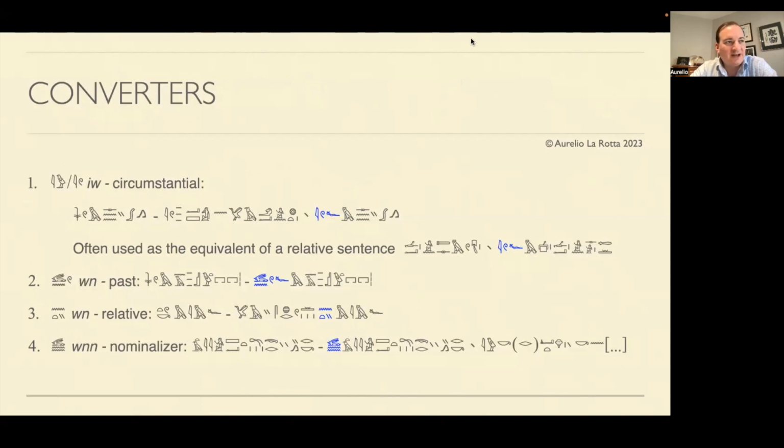I would assume that comes from Polotsky in his analysis of Coptic, where you have certain words which you can tag onto all sorts of tenses, like the relative converter to make a sentence a relative sentence, or for example ne for the imperfect, or e for the circumstantial, where you can take all sorts of phrases and make them not necessarily subordinate.